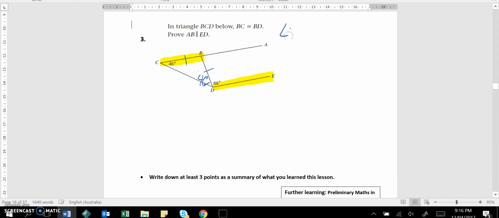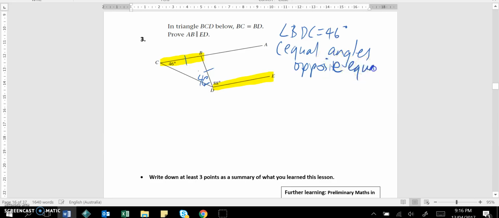So I'm going to write down angle BDC equals 46 degrees. And the reason is equal angles opposite equal sides.